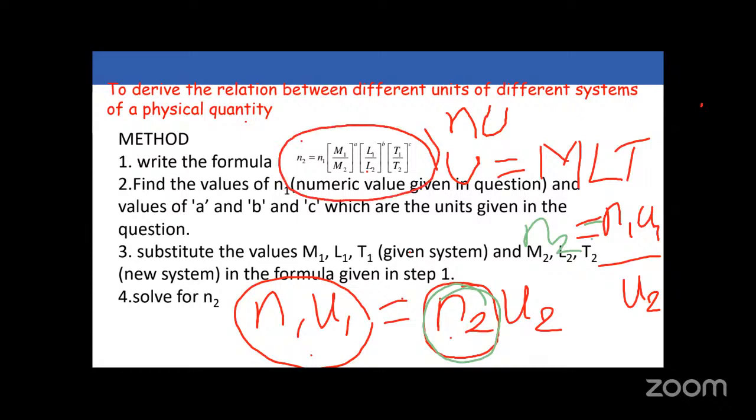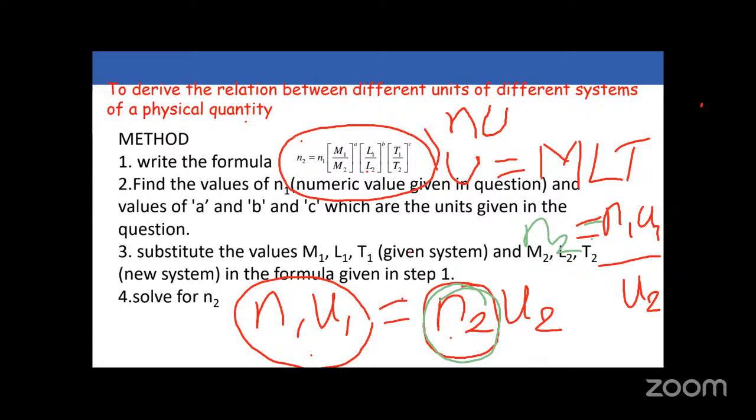So N2 is equal to N1 in bracket M1 over M2, then to the powers to which they are raised. Remember, you must know the power to which they are raised.